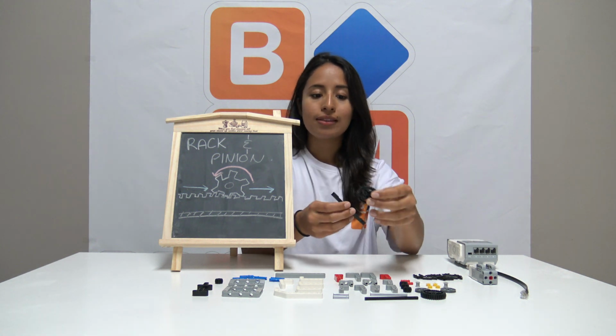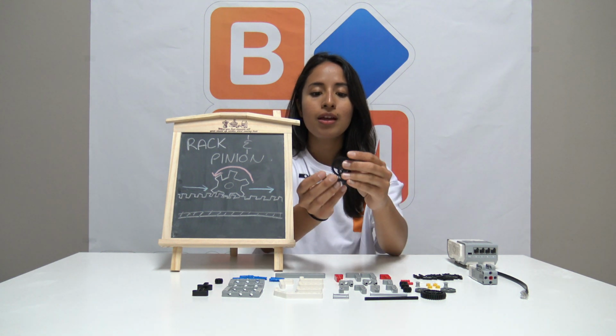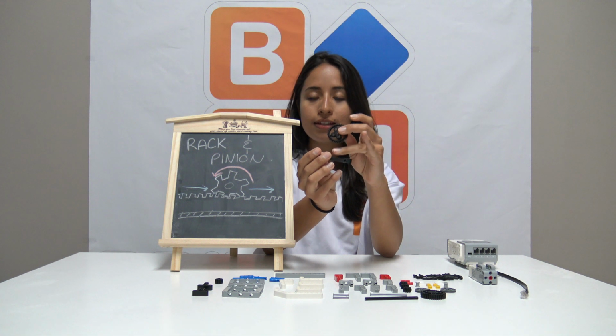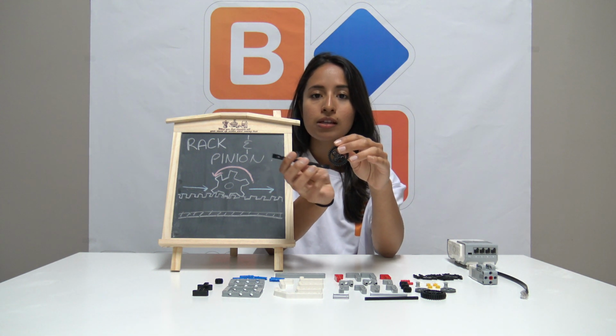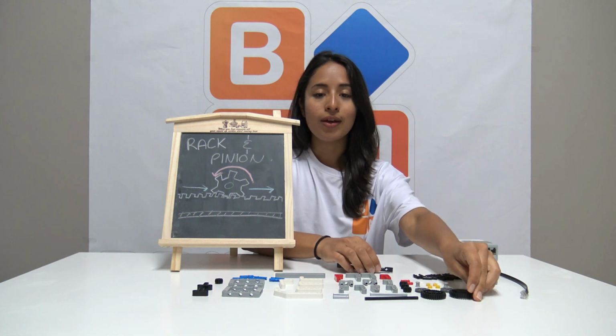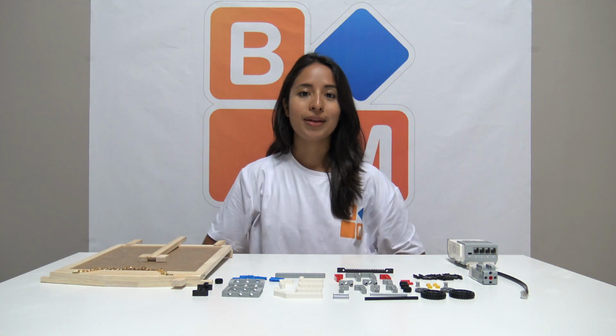So if we want to create the tongue of our lizard and make it look as realistic as possible, we're going to want to use these gears to push the rack forward and backwards so that the tongue of our lizard can go in and out. So we'll be using the rack and pinion model in our build today.